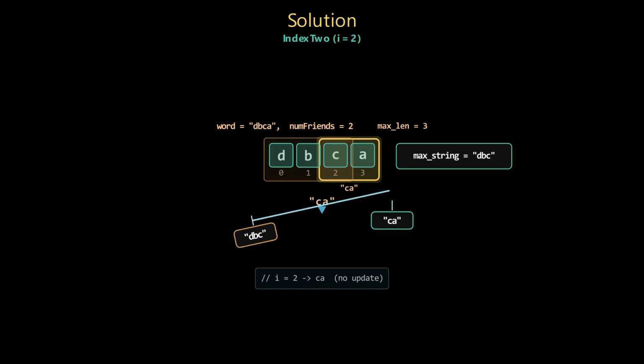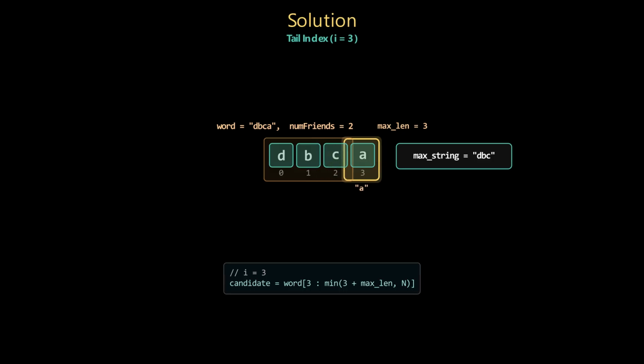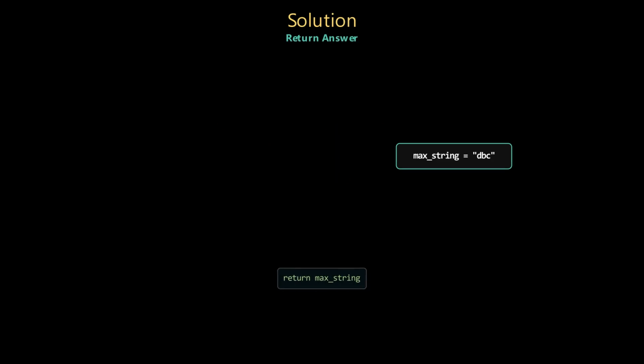It loses the comparison, and our champion stays DBC. At the last start index, only A remains. It loses too, and the scan finishes. Every start index checked under the cap, we return the best lexicographic piece, DBC.